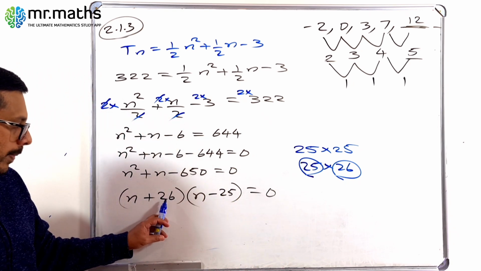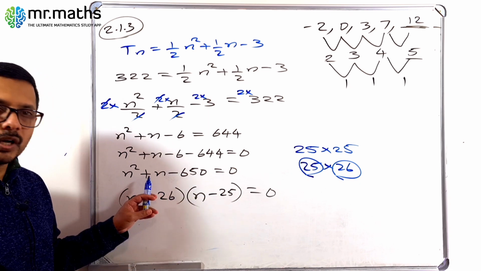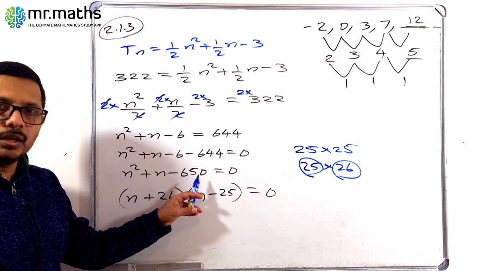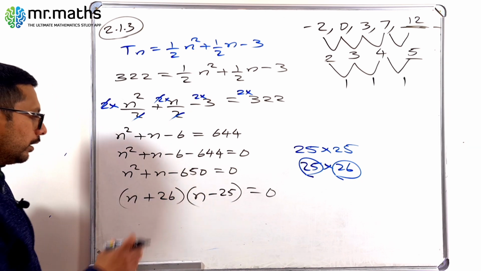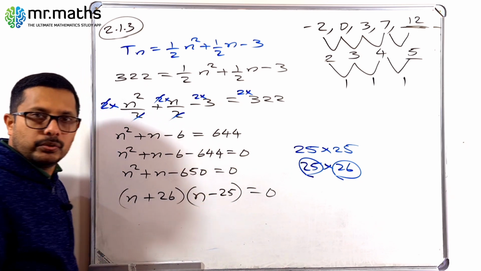Now look at this one, if we add 26 plus minus 25, that is 1, 26 times minus 25 is minus 650. So here the factors are n plus 26 and n minus 25.